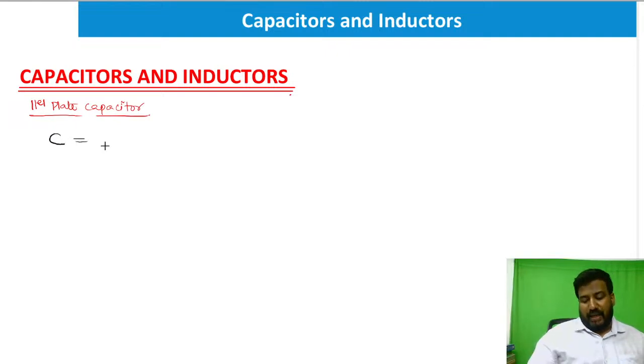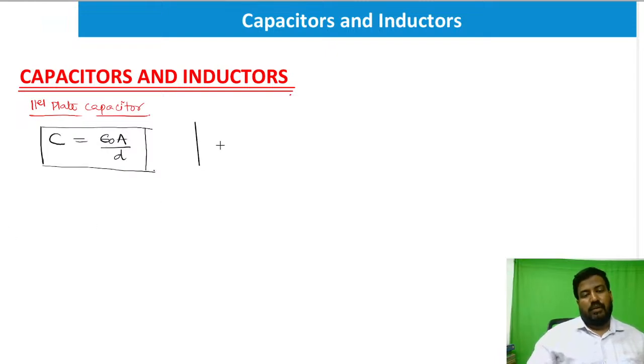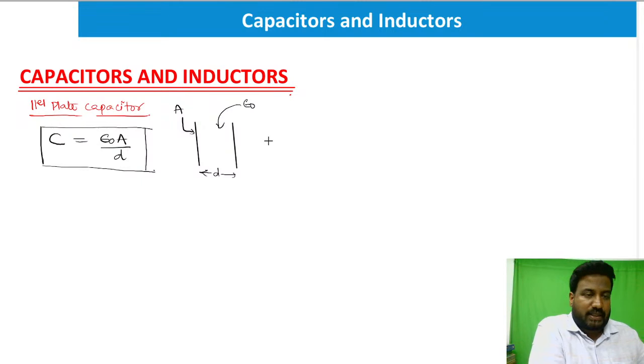The capacitance of a parallel plate capacitor, C, is epsilon A by D, where D is the distance between the plates, A is the area of each plate, and epsilon naught is the permittivity of the medium. Here epsilon naught means I am assuming the permittivity of free space. It's for a parallel plate capacitor.